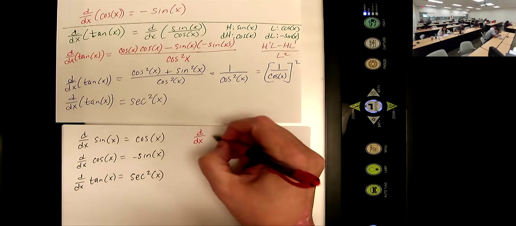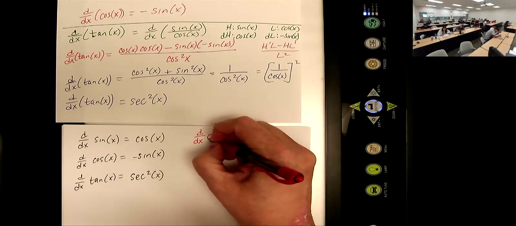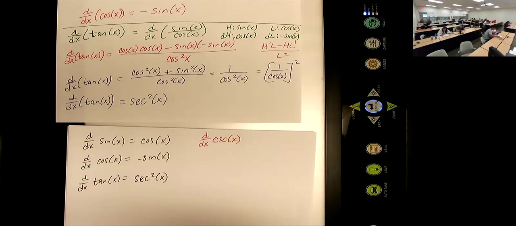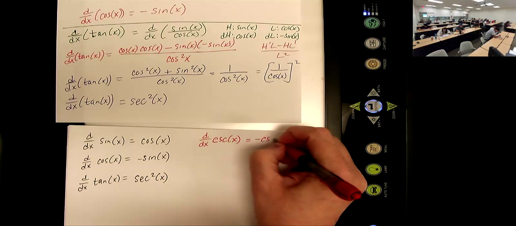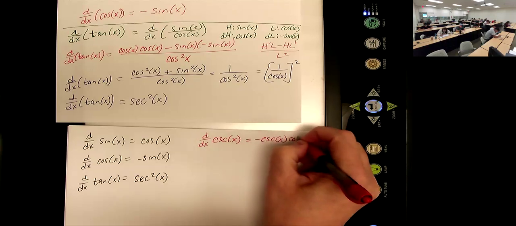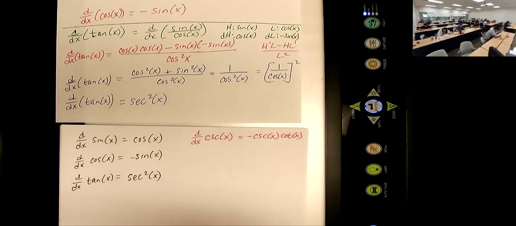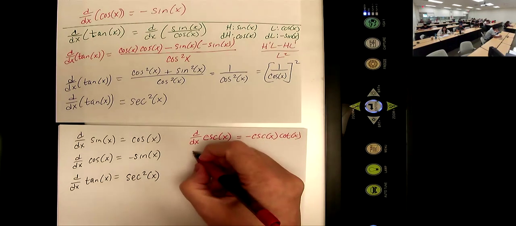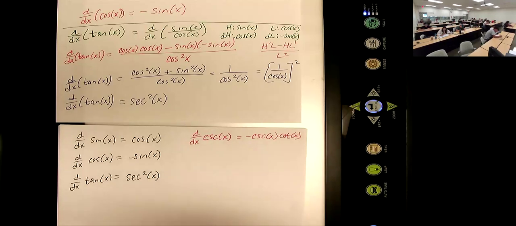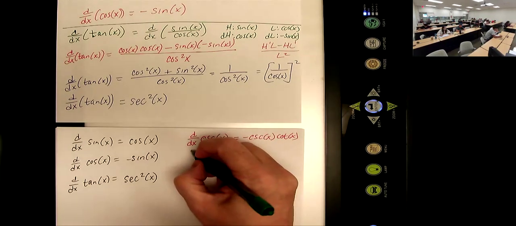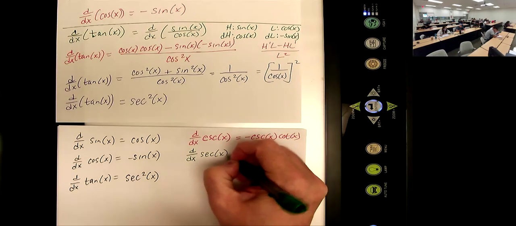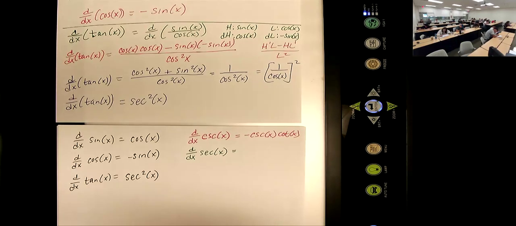Now, the one that goes with sine x is cosecant x. It is not just 1 over. It is negative cosecant x cotangent x. And the derivative of secant x is secant x tangent x.